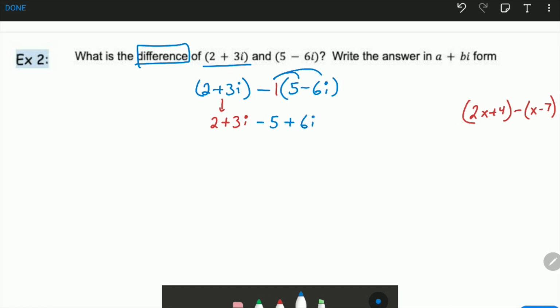Negative 1 times 5 is negative 5, and negative 1 times negative 6i is positive 6i. After dealing with that, it's just combining like terms, just like addition. So 2 minus 5 is negative 3, and 3i and 6i make 9i. And that's it.